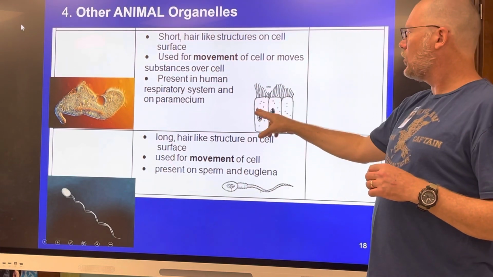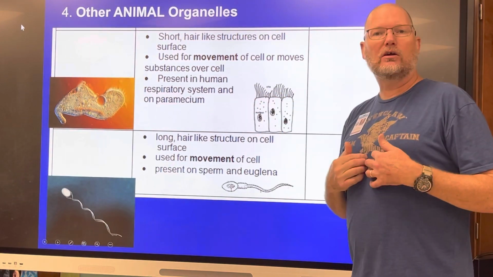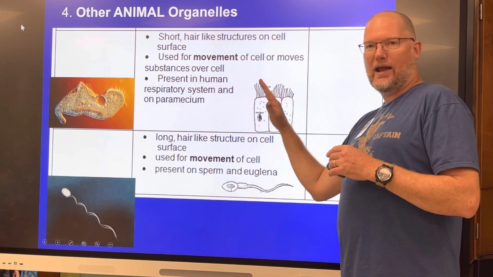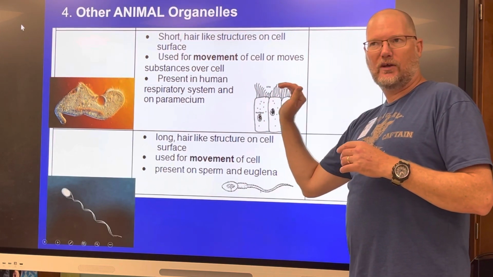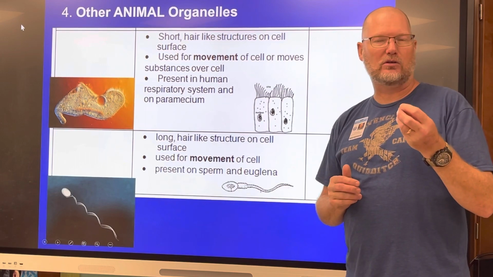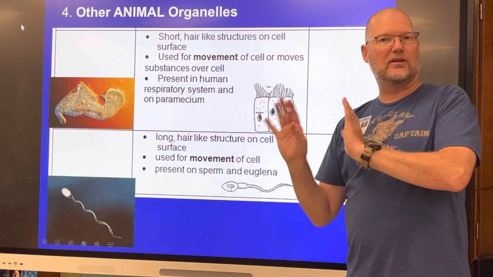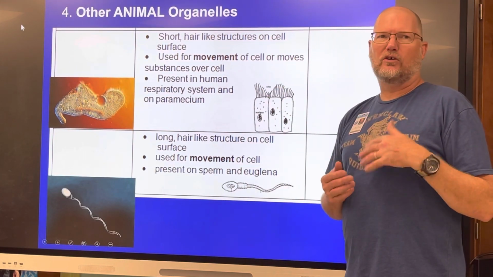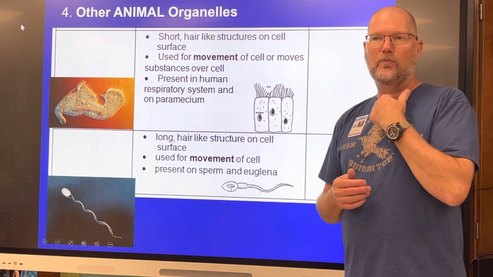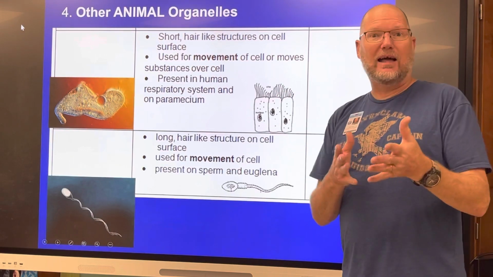So this is more like what your lung cells would look like. And they wave like this, and they move things like mucus or pieces of dust that you may breathe in, fine particles and things like that. They move it here and there. Every once in a while, you have to cough, okay? Because there's like mucus in your throat. Well, these cilia did that.